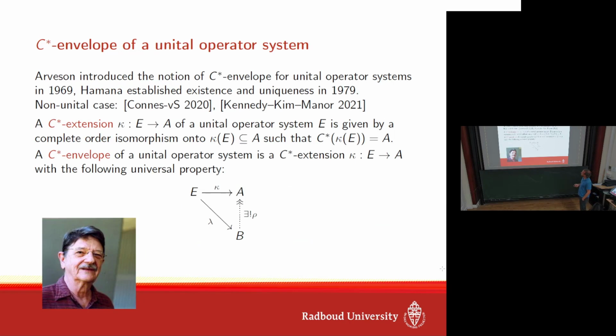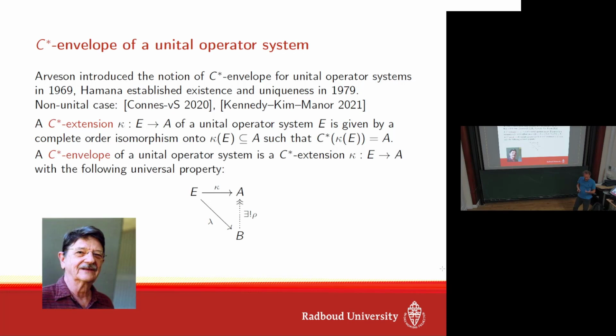Okay, so here's Arveson. There was already a lot of work in the 60s on this. Also this idea that if you have an operator system, then it may be interesting to associate a C-star algebra to it. Maybe the smallest or the largest, and anything universal that you may think about. So it's the C-star envelope, I use that word, and some others may use it differently, but for the smallest. So the C-star envelope is the smallest C-star algebra that is generated by the operator system.